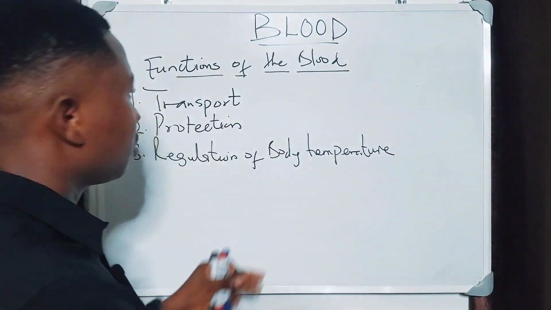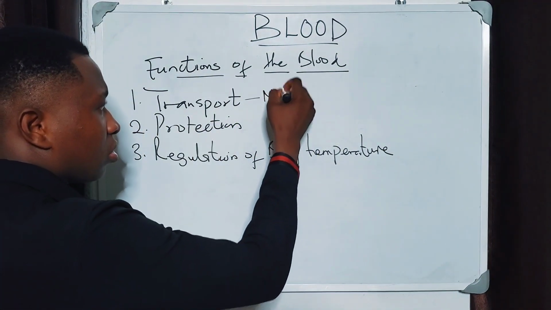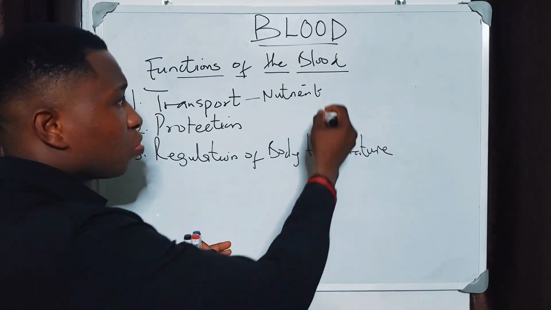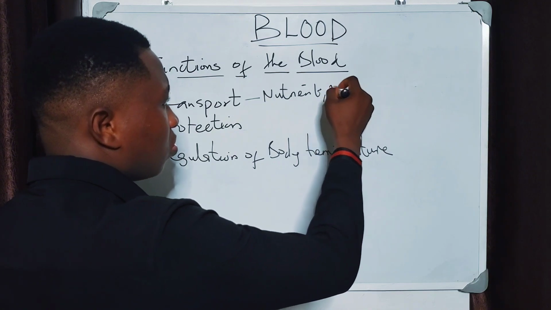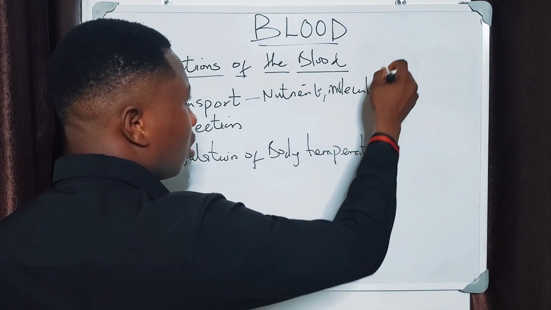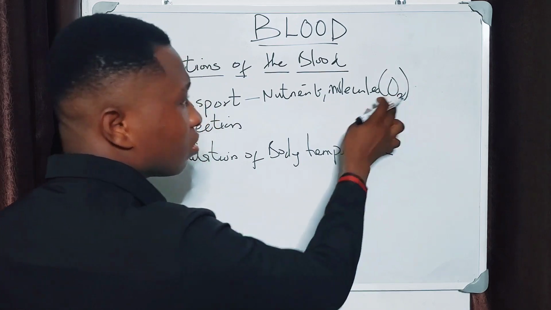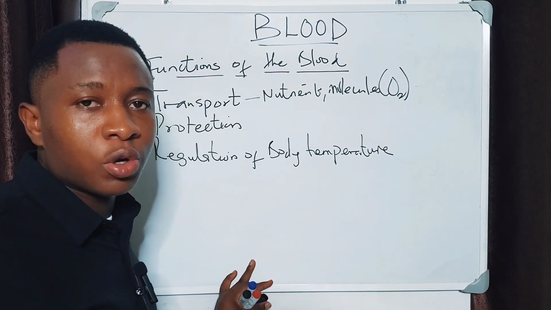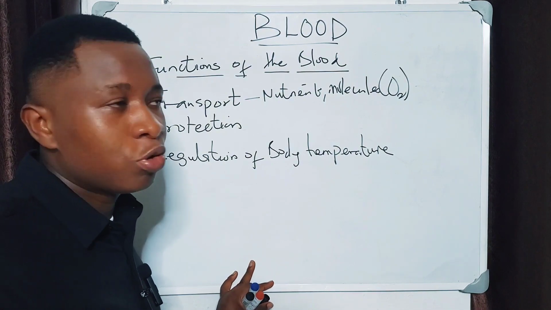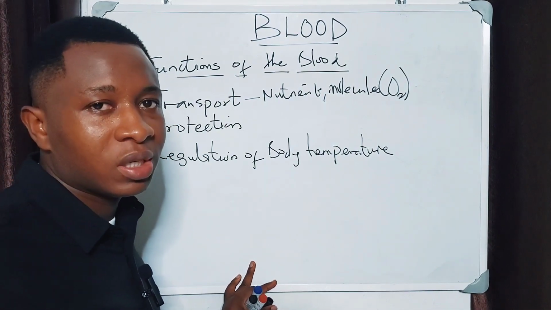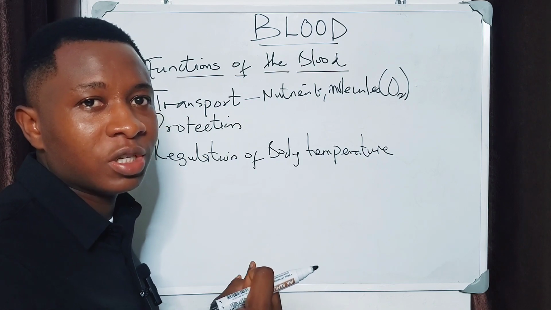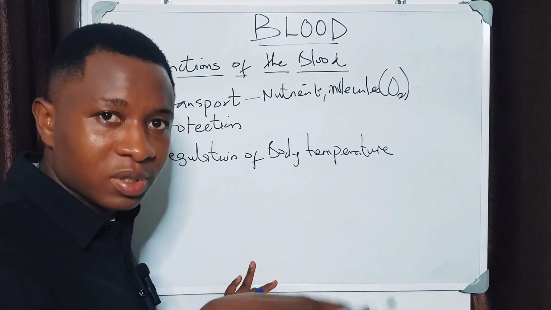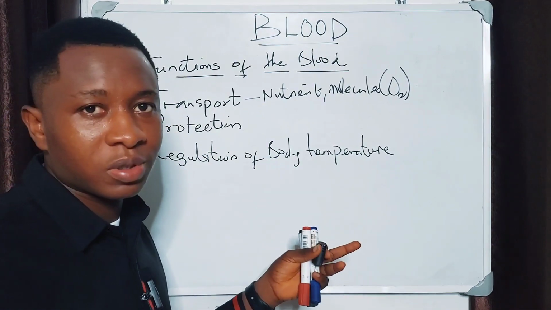Now, the blood transports nutrients. It also transports molecules like the oxygen. The oxygen is being transported by the blood. When we come to studying the red blood cells, we will know how the oxygen binds with the molecules in the depth of the red blood cells.